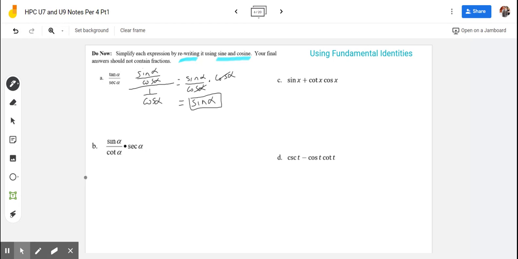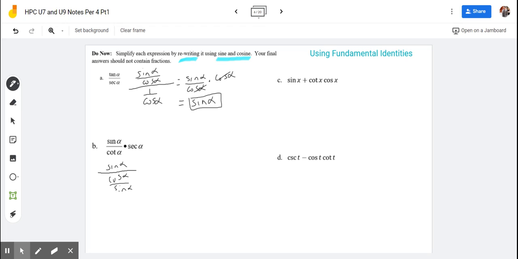All right, let's take a look at part B. So we have sine of alpha over cotan of alpha times secant of alpha. So again, sine of alpha, we'll keep it like that, divided by, actually, let me make a big division symbol. Big division bar divided by cos alpha over sine alpha.